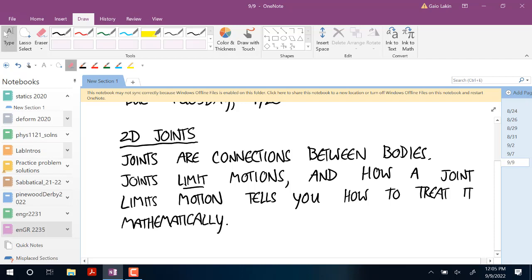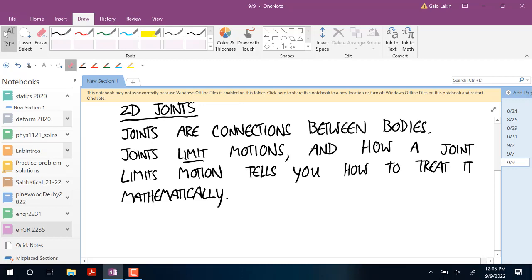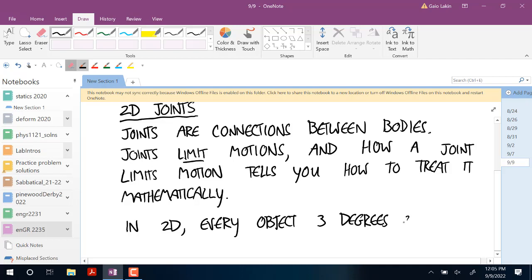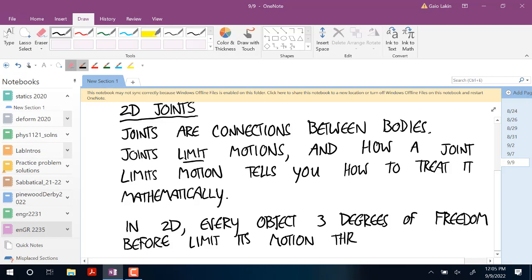Okay, so in 2D, every object, before you put any restraints on it, has 3 what are called degrees of freedom, before you limit its motion through contact with other bodies.